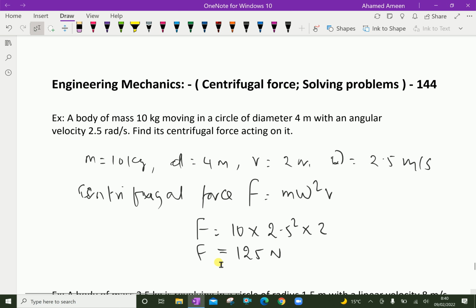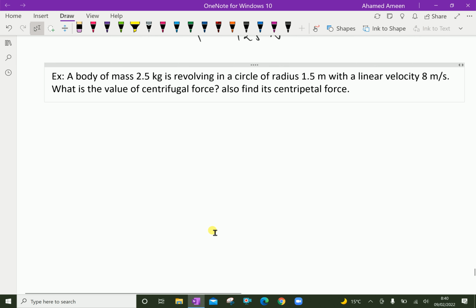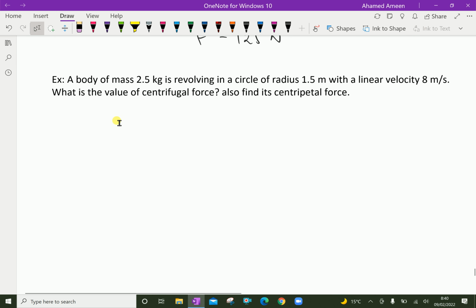Second question. A body of mass 2.5 kg is revolving in a circle of radius 1.5 meter with a linear velocity 8 meter per second. What is the value of centrifugal force? Also find its centripetal force.